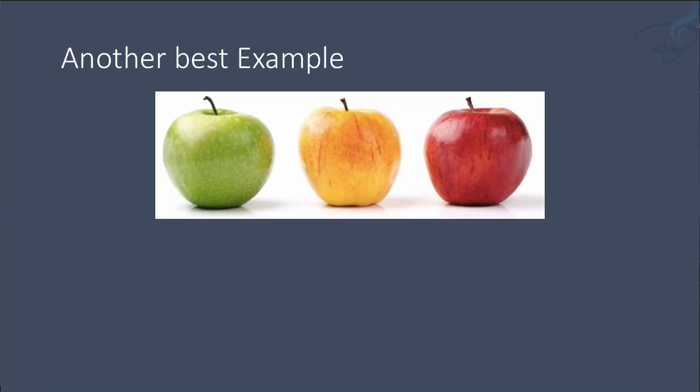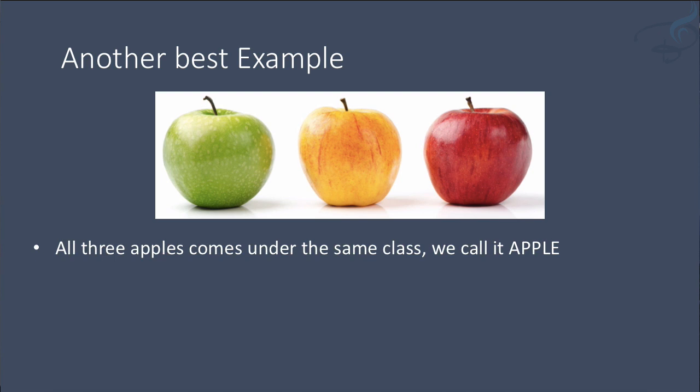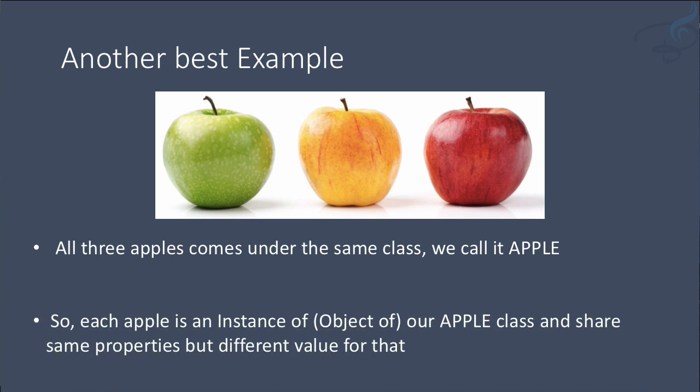Let's take another example. We have 3 apples here: a green apple, a yellow apple and a red apple. We know all these apples come under the same class, which is called apple. Each apple is an instance, or we can say each apple is an object of our apple class, and they share the same properties but different values.